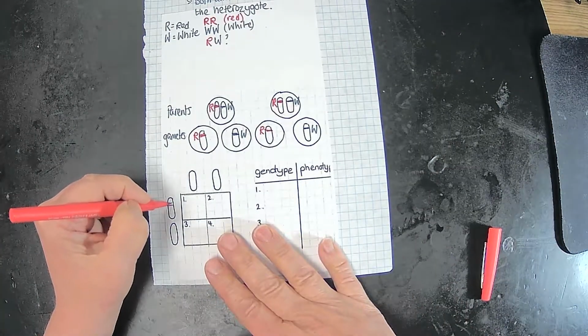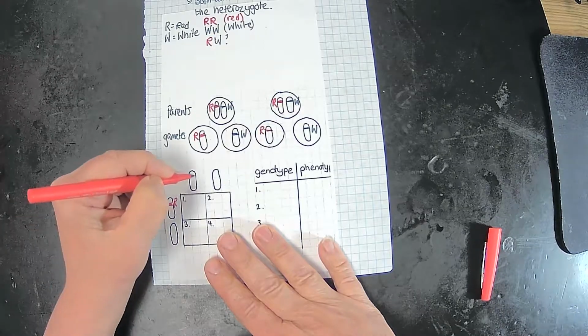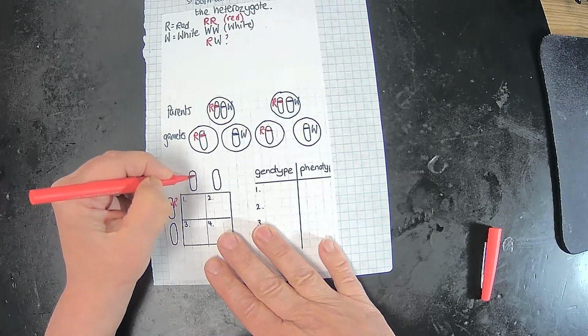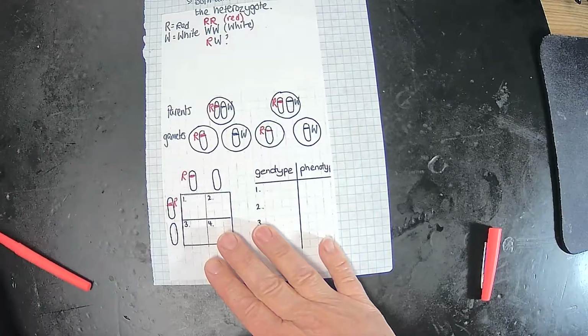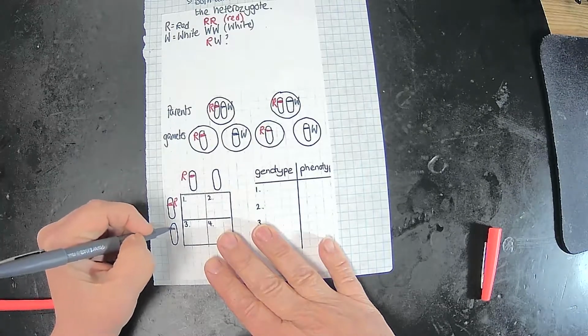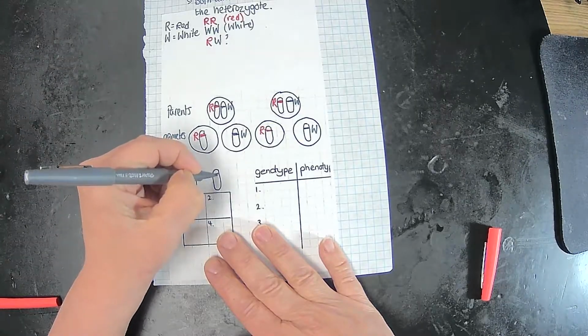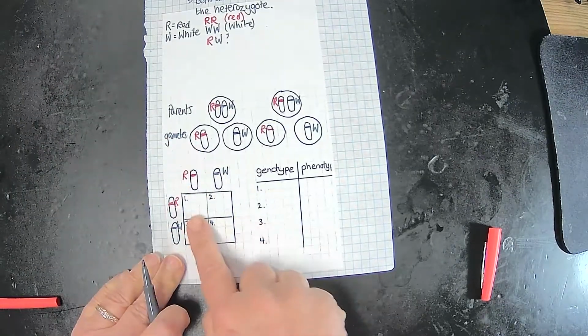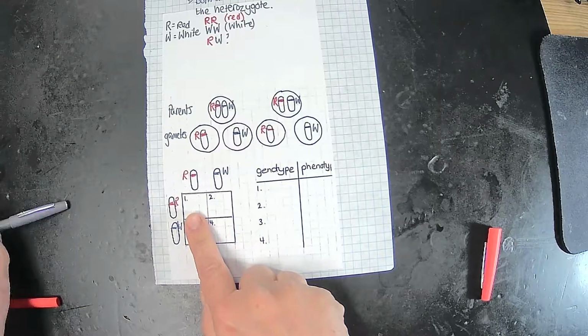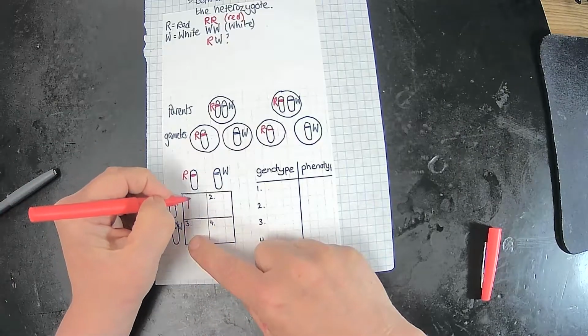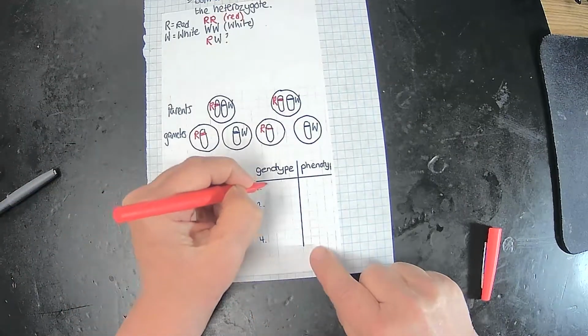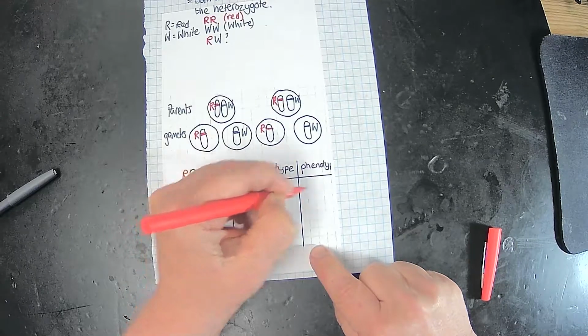So I'm going to write an R here, and an R here. This is going to be W, and that's a big W. And this is going to be a big W. So what's going to go in this box here? It's going to be big R, big R. So box number one, big R, big R.